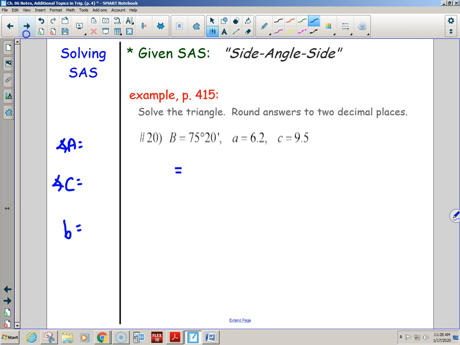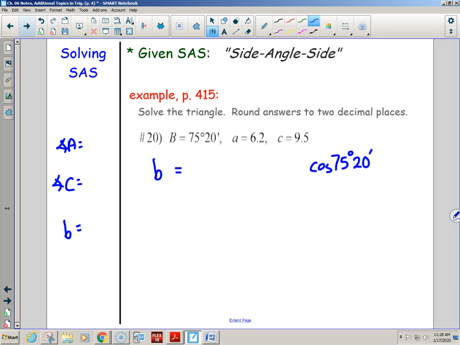Because who's the one side you're missing? And who's the one angle that you have? Check it.